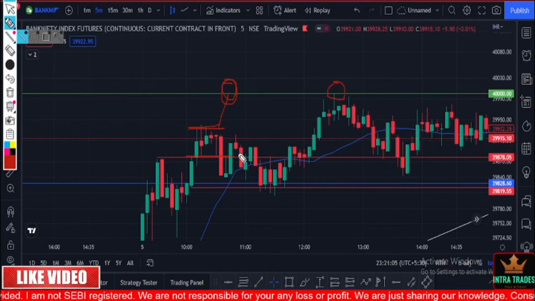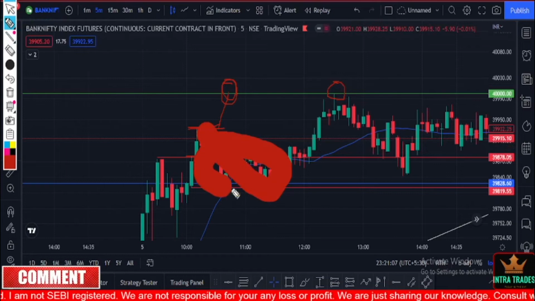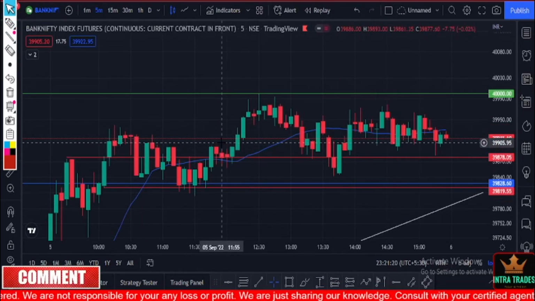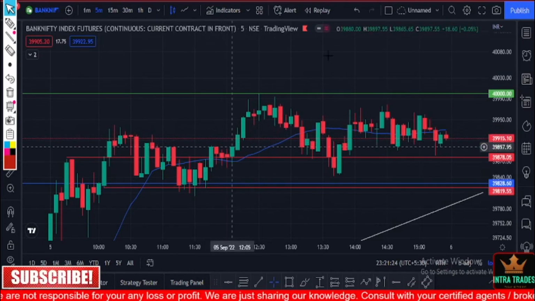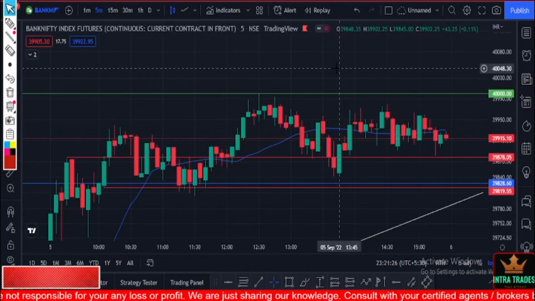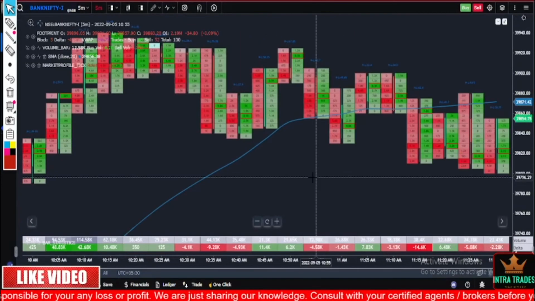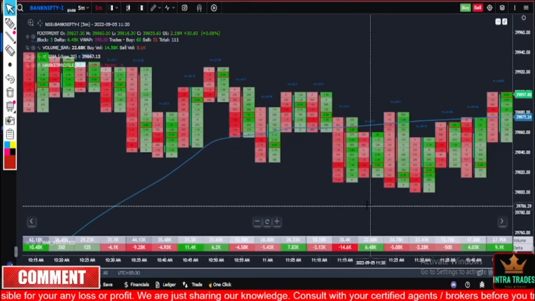But I had exited the market in this area, and my trade was gone for 23 points negative. I was looking for some other opportunity with the help of order flow analysis, but order flow analysis didn't want to give me any kind of opportunity.